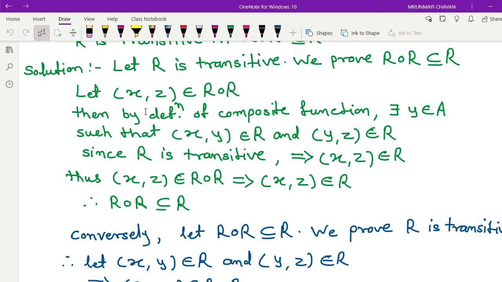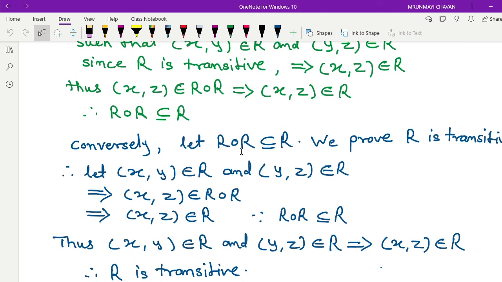Since xy belongs to R, yz belongs to R, this implies that xz belongs to R because R is transitive. Therefore, we have taken that xz belongs to R circle R, and this implies that xz belongs to R. Therefore, R circle R is subset of R.